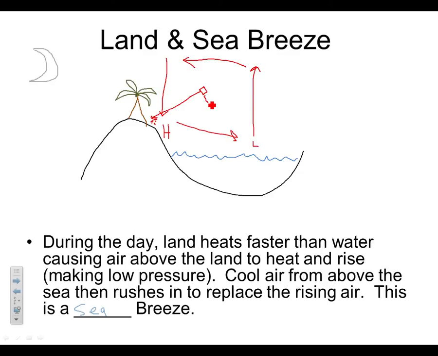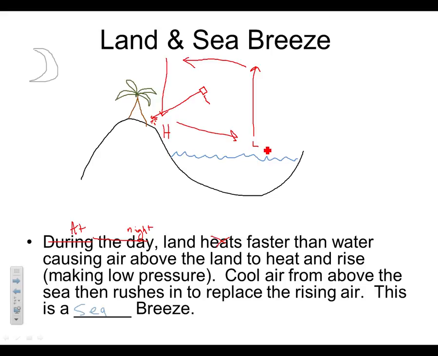Okay, so you can write your little definition for land breeze. So now you're just going to change a little bit. So at night, land cools faster than the water, causing the air above the land to sink, making high pressure.